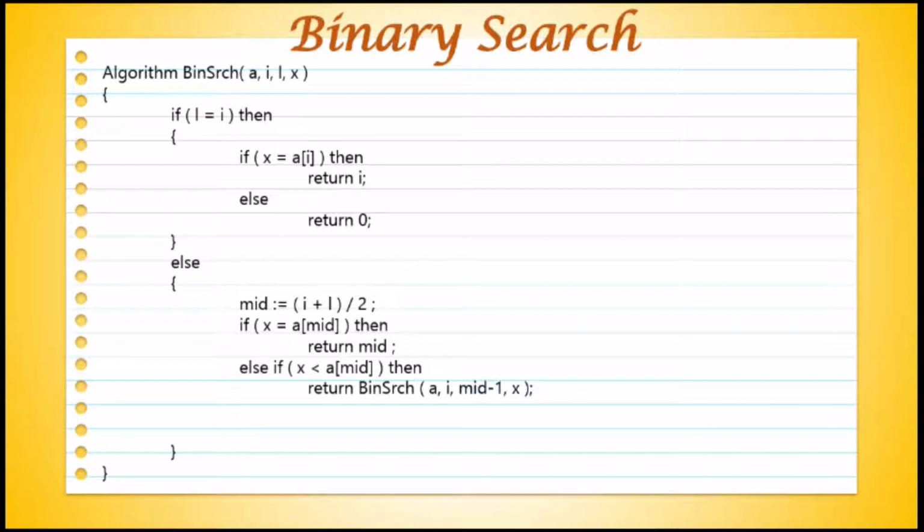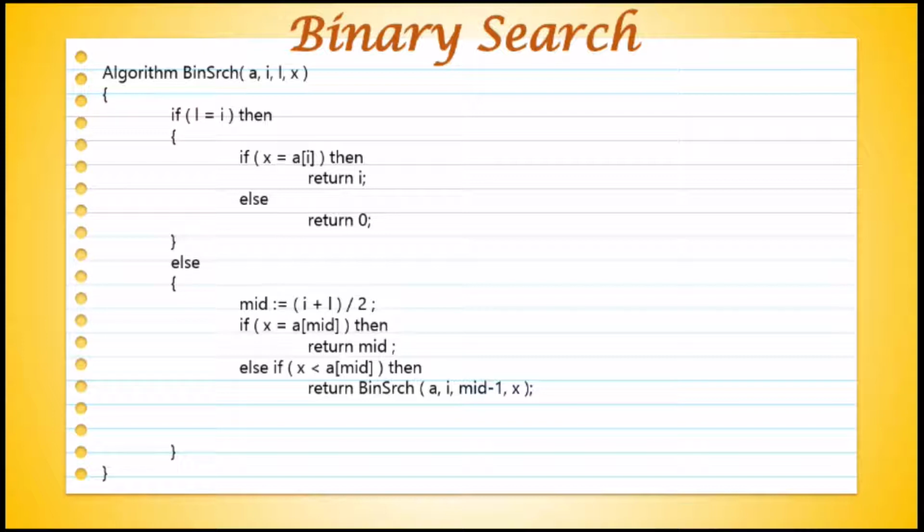So here we are returning BinSearch of A, that is the array, then I. So I here basically will be 1, and then mid minus 1. So whatever the position of mid minus 1, that value we are sending to the recursive function. So basically we are changing the value of L if X is less than A of mid.